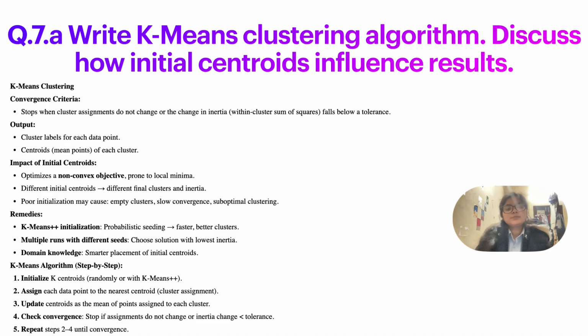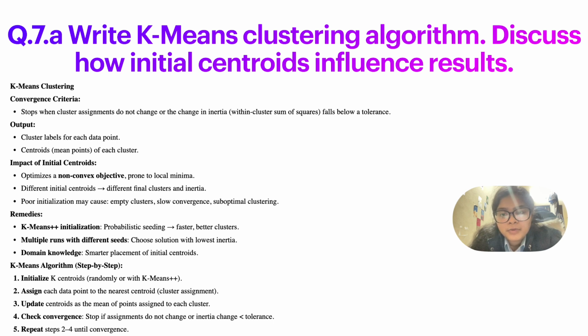Now we have: write the k-means clustering algorithm and discuss how initial centroids influence results. In k-means clustering, let me explain it in simple words: we randomly choose points and declare them centroids, then we assign the nearby points to their closest centroid.